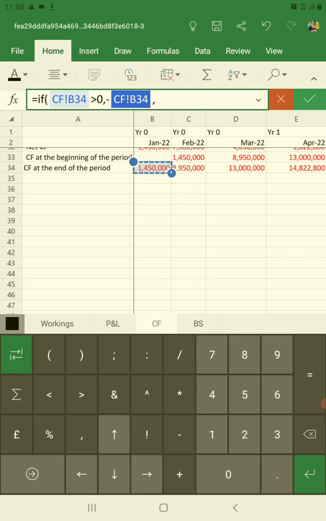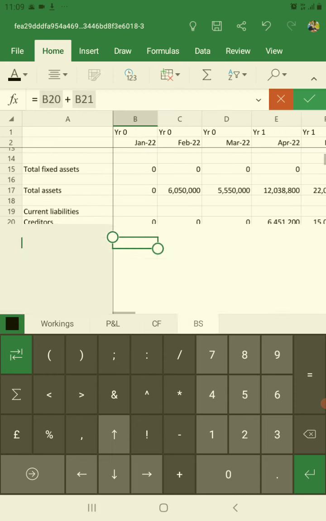So if the end balance is greater than 0, put 0. Otherwise, put this one. This comma at the end is not needed, so we close the bracket and enter.